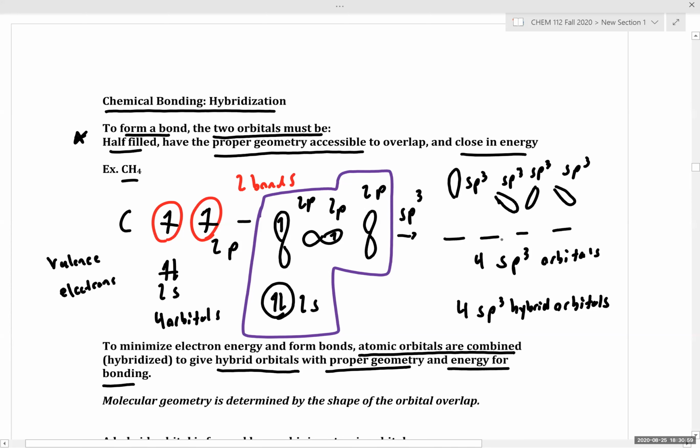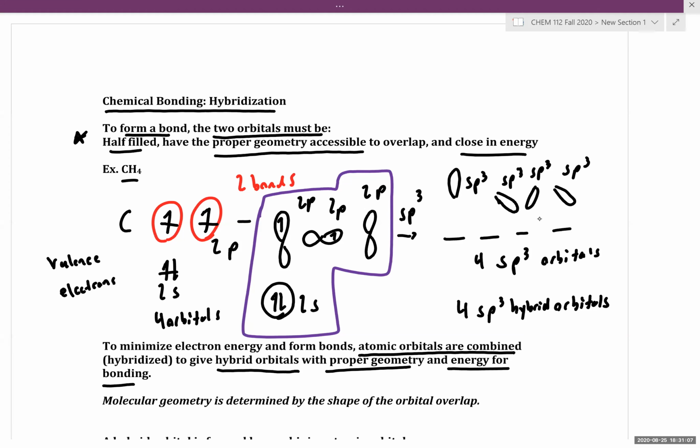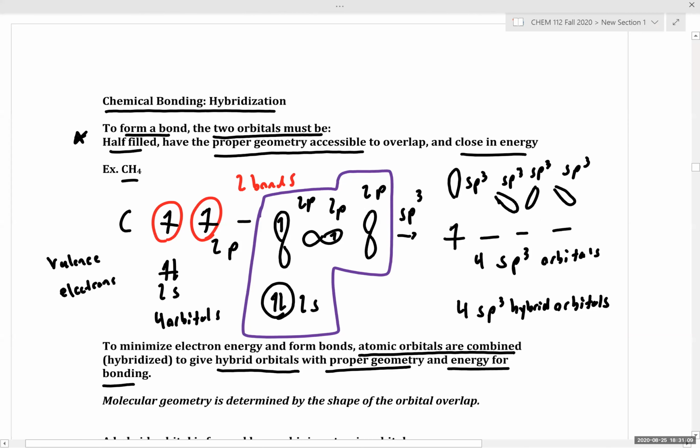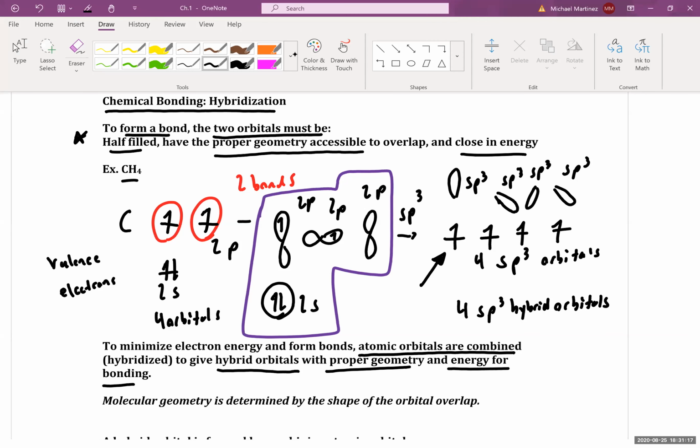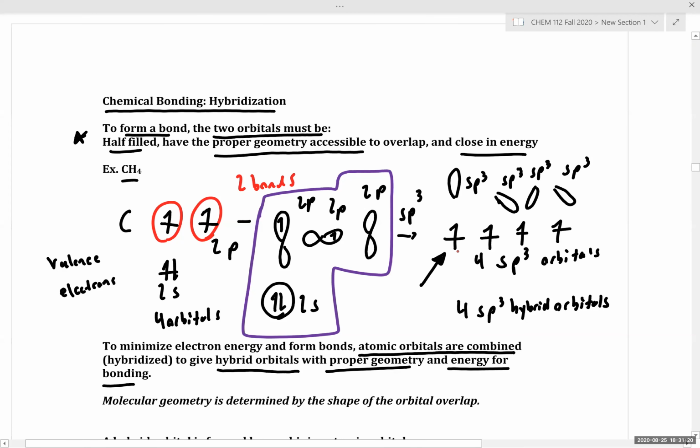So if we are filling in this orbital box diagram, if we have 4 electrons to start, we will end with 4 electrons. And now, if we place our 4 electrons, what do we notice? How many half-filled orbitals do we now have that are able to engage in chemical bonding? 4.